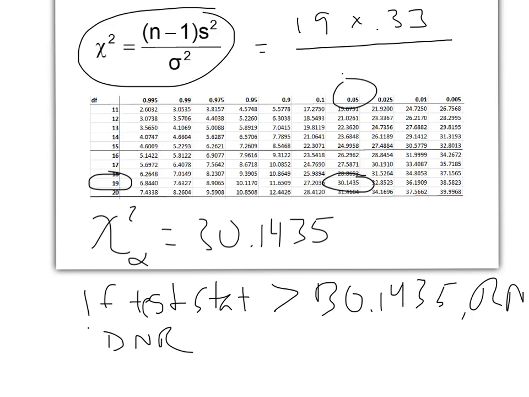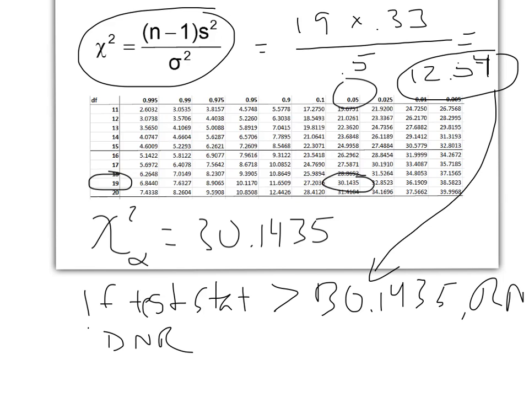The variance is 0.5. Okay, so now we calculate that value: 19 times 0.33 divided by 0.5, and I get 12.54. All right, so our test statistic, 12.54, is less than 30.1435, therefore do not reject.